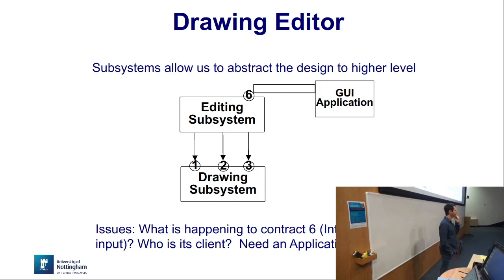Can anybody think of another subsystem that's always going to be there for a typical application besides the GUI? What's another thing that's always going to be there? Like another subsystem or functionality. Can anybody think of one?